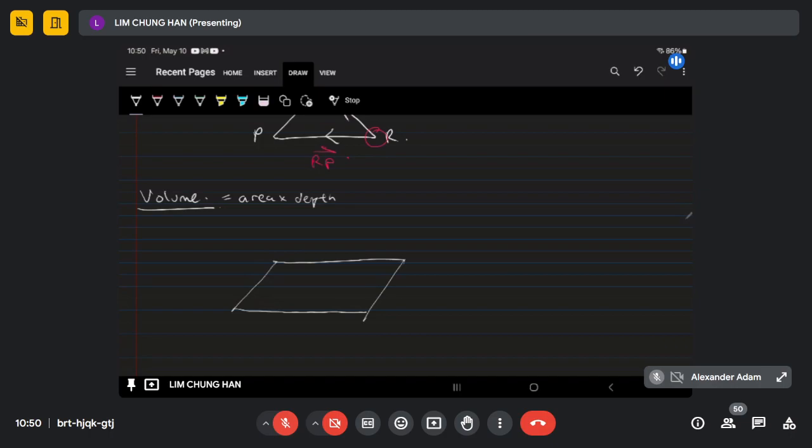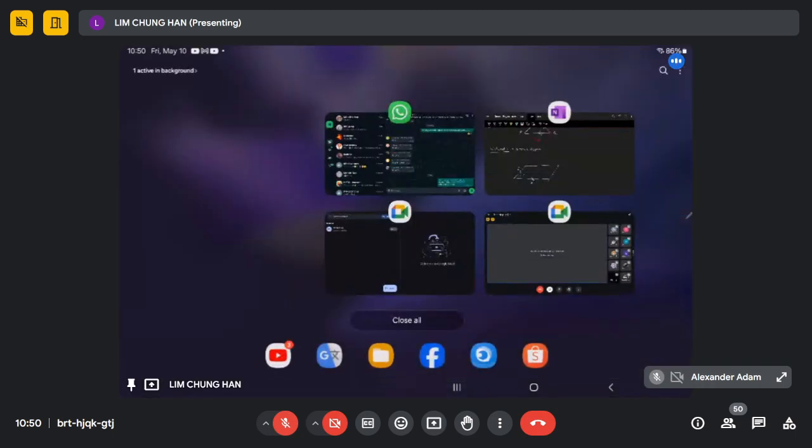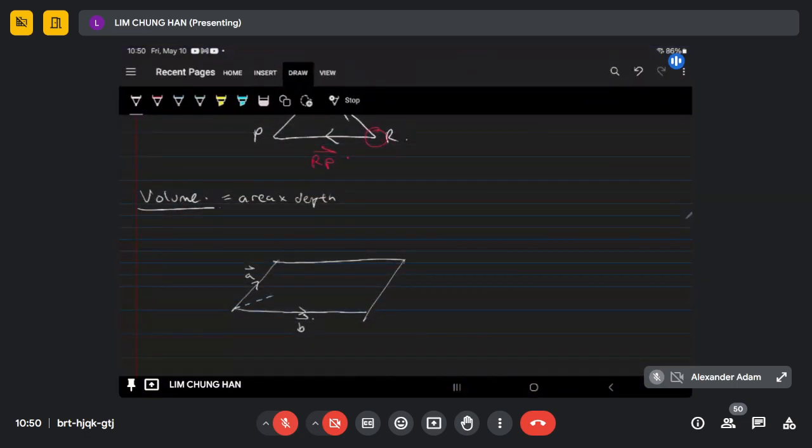So let's say I have a parallelogram here. Let's say that is vector A. This is vector B. And it becomes 3D. So I want to find the volume.